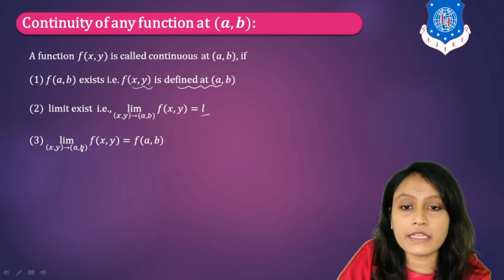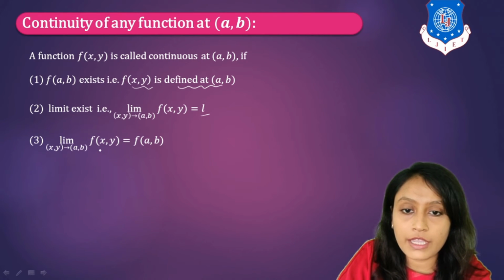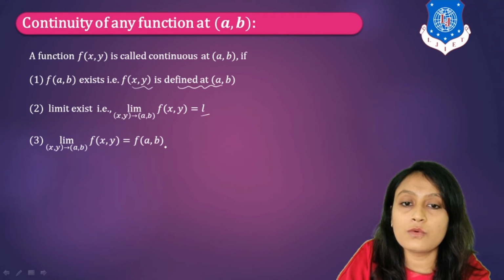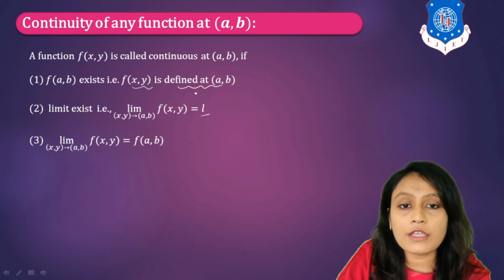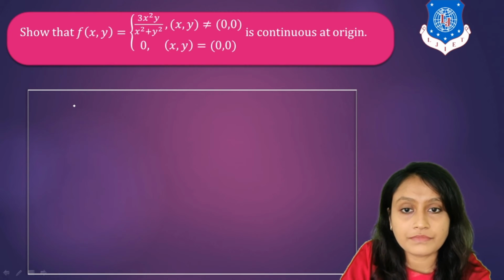And the third point is the limit as (x, y) tends to (a, b) of f(x, y) is equal to f(a, b). Okay, so if these 3 points are satisfied, then we can say that the function is continuous at this particular point. Okay, so now let's begin with the example.